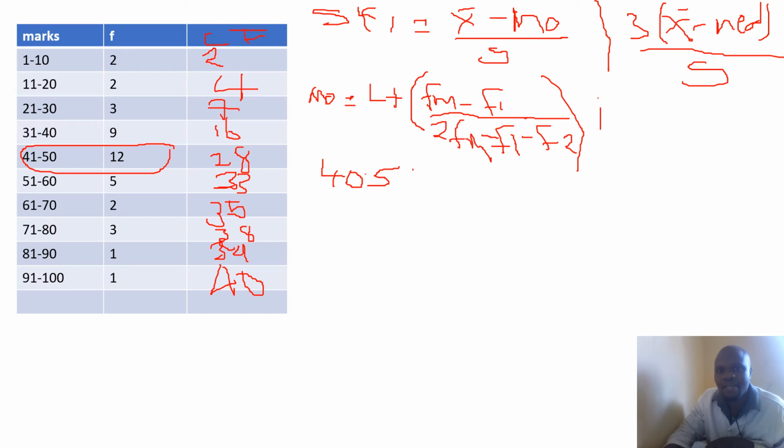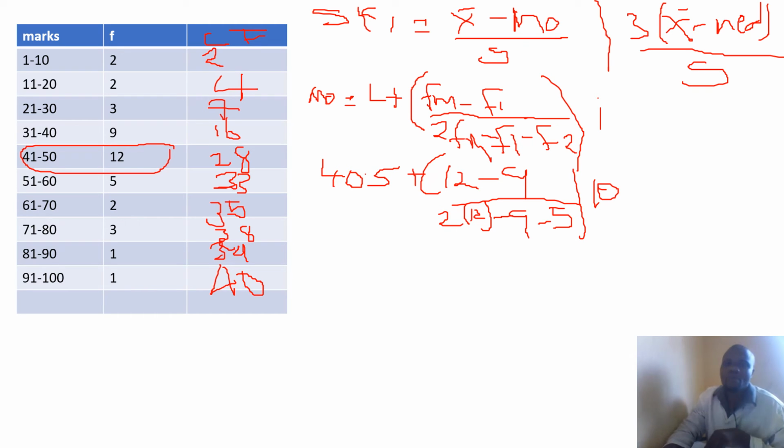So this is added to our modal frequency, which is 12, minus the above frequency, which is 9. Then all this we divide by 2 multiplied by 12, then minus 9, then minus 5, and all this we multiply by 10, which is our class interval.